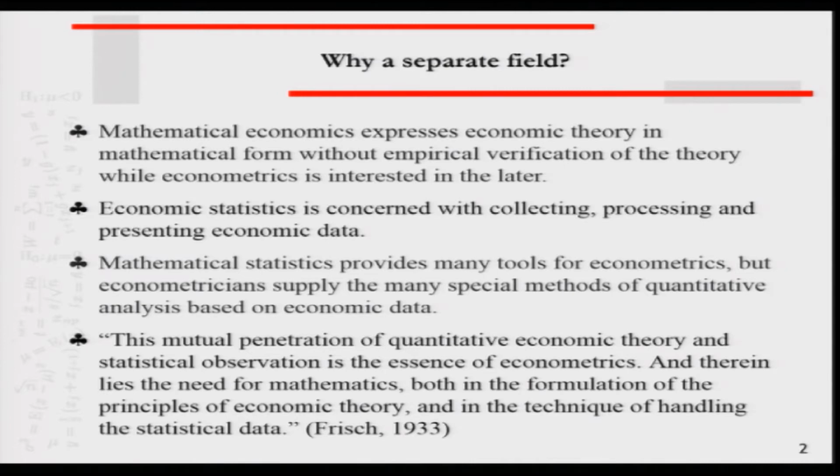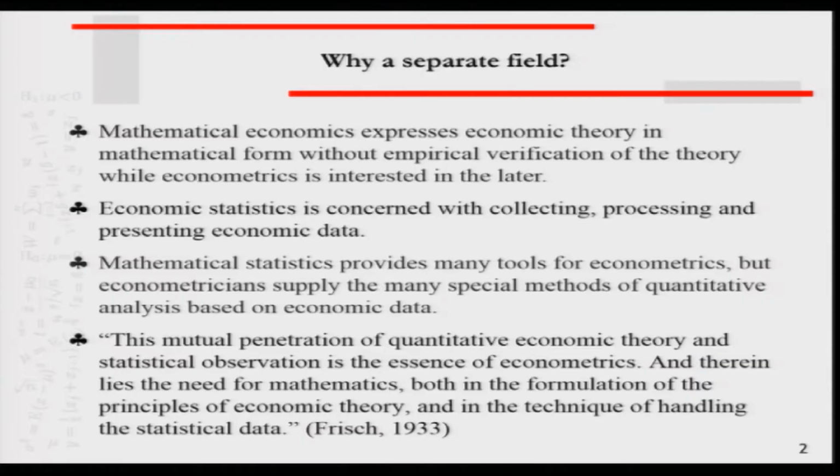So this interlinkage between three fields, economics, mathematics and statistics, can be best understood by a quotation coming from another Nobel laureate economist, Ragnar Frisch. In fact, it is interesting to note that it was Professor Ragnar Frisch who coined the term econometrics.